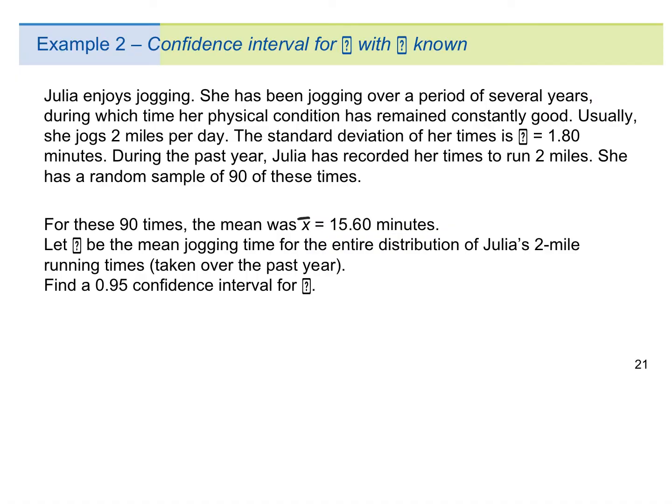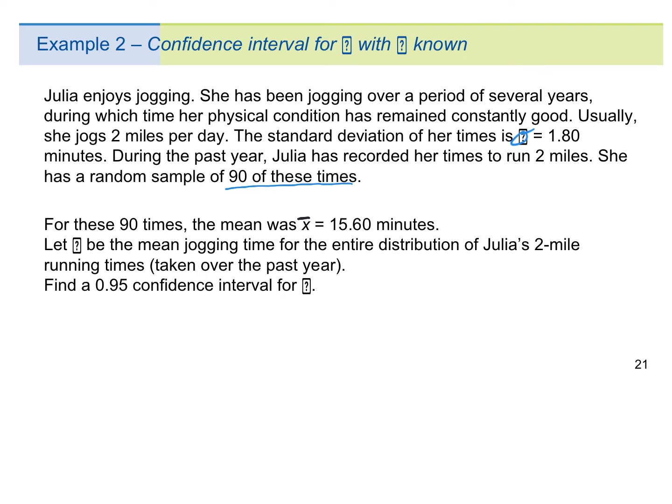Julia enjoys jogging. She has been jogging over a period of several years, during which time her physical condition has remained constantly good. Usually she jogs 2 miles per day. The standard deviation of her time, sigma, is 1.80 minutes. During the past year, Julia has recorded her time to run 2 miles. She has a random sample of 90 of these times, so now we know what n is.